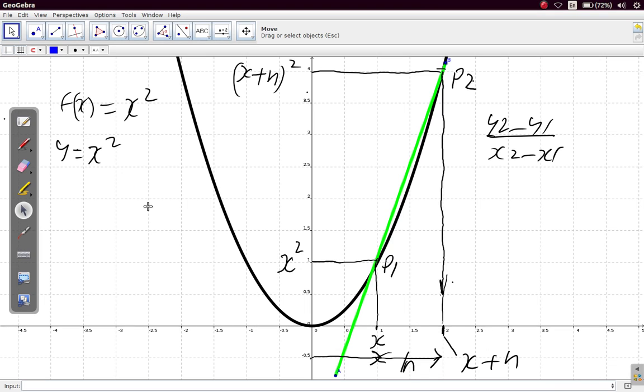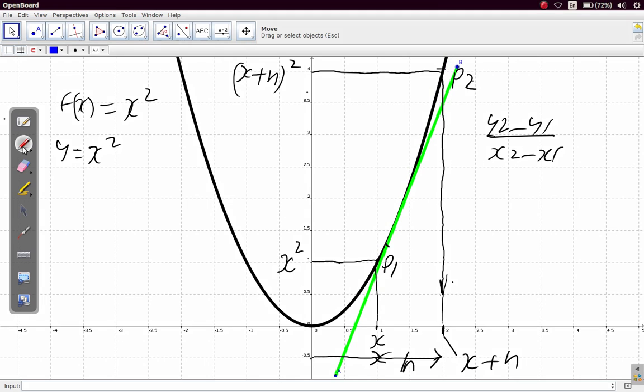Now, the thing is, if we make our P2 closer to P1, then the gradient of our line would be a little less.